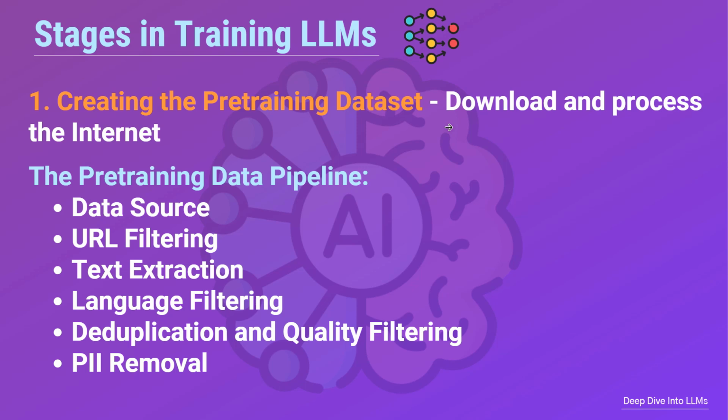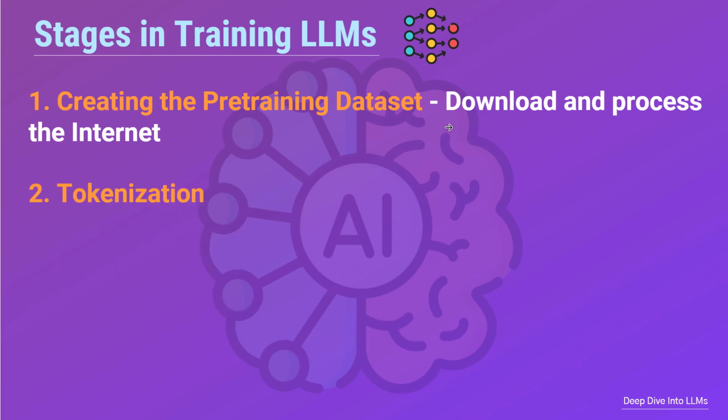Once the raw data is pre-processed, the next big step is called tokenization. Neural networks, the core of LLMs, work with one-dimensional sequences of discrete symbols. These symbols come from a limited set of possibilities, often referred to as vocabulary.